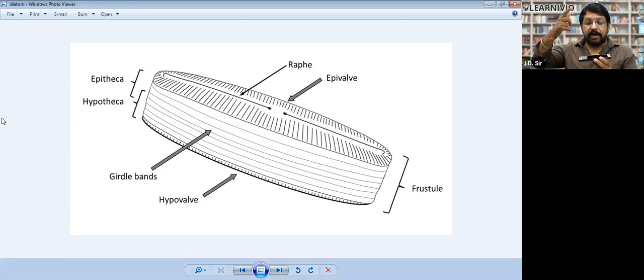Again, this tiffin box has certain design elements like a girdle. These are called girdle bands. The upper surface of the tiffin box is called epivalve, and the lower surface is called hypovalve. And this complete external covering is called frustule. Now it's clear? Yes, sir.